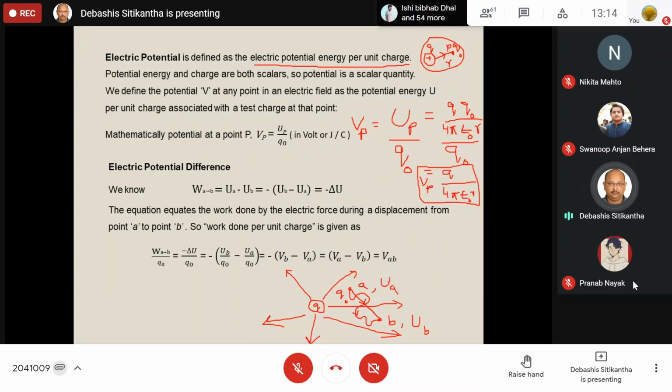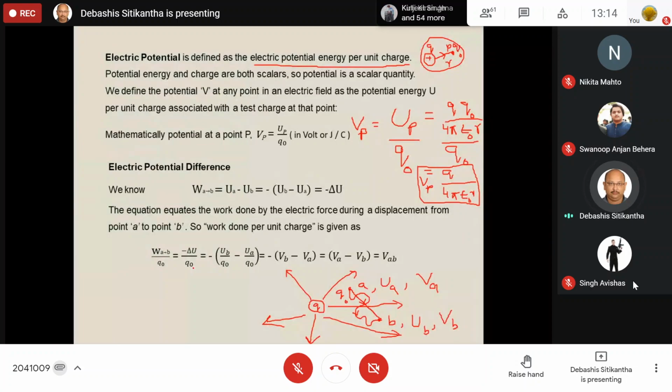Now, we have to evaluate the potential difference between the points A and B. For that, I have to calculate the potential at the point A, as well as the potential at the point B. Now please come to this equation.